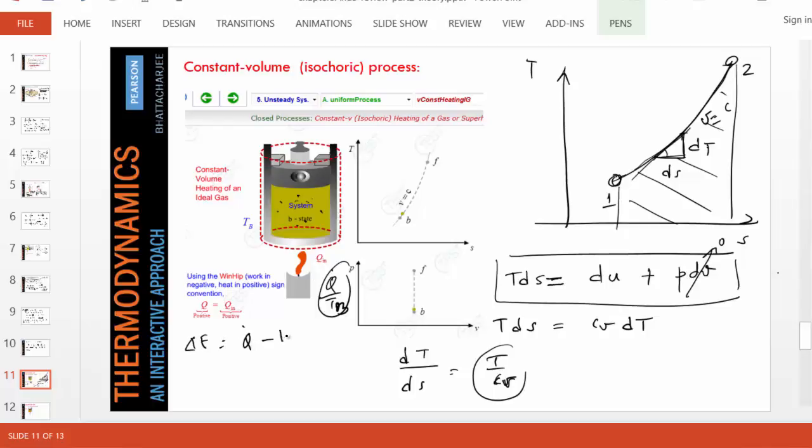Delta E equals Q minus W external, which is W_B mostly. There is no boundary work. Therefore, Q equals delta E equals delta U equals m times delta small u equals m Cv times delta T. So the heat transfer can be calculated if we know the temperature change of the gas. It's a very simple equation: Q equals m Cv delta T.